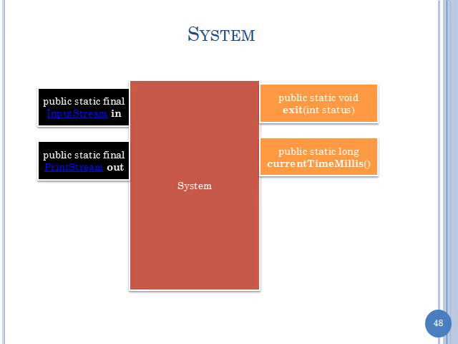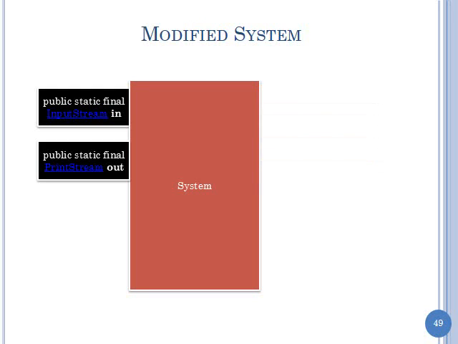It so happens that there's also System.exit and System.currentTimeMillis, which has nothing to do with these variables. It's just Java being lazy and not providing too many classes. So again, if it was more modular, it would have a different stream class. It would basically have just these variables. They're constants, and you don't have to worry about having any class methods there because they're constant.